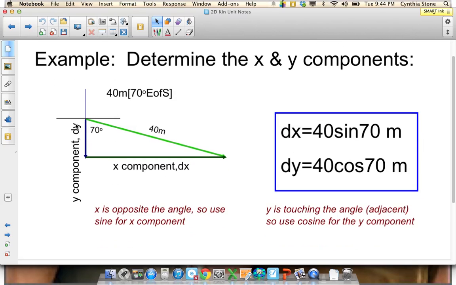In the question that we were looking at, since the x component is opposite the angle that we have, which is 70, we use sine, because sine and opposite go together, and adjacent and cosine go together. So the y component, the y vector, is actually touching the 70, that's what I mean by adjacent, so you use cos. Okay, and that's what it is. And I didn't define a positive direction. I guess we'll assume that south and east are positive, so these are positive vectors. Okay, and then obviously you could put that in your calculator and get a number.